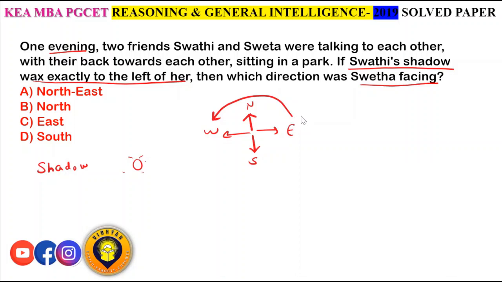So when the sun is in the east, our shadow will fall towards the west, and when the sun is in the west direction, our shadow will fall towards the east direction. The sun is traveling between east and west, and in the same way, but in the opposite direction, our shadow is traveling.